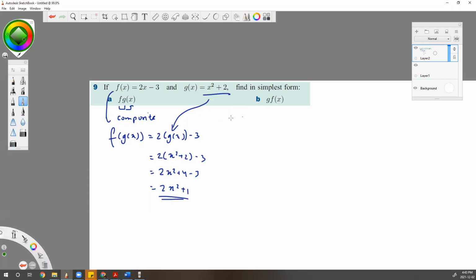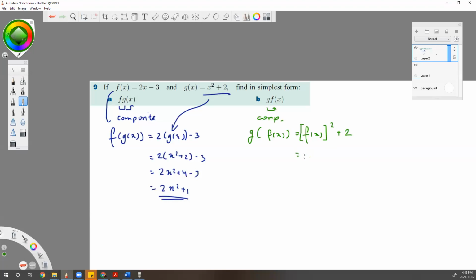Next, b, g of f(x). That's more complicated. So gf(x) is also a composite function. So if g(x) equals x squared plus 2, g of f(x) is f(x) squared, pay attention to the details, plus 2.